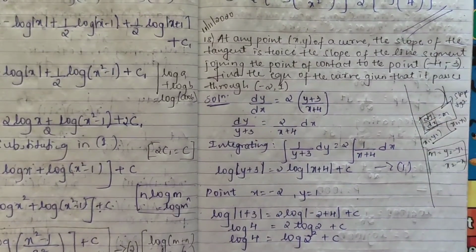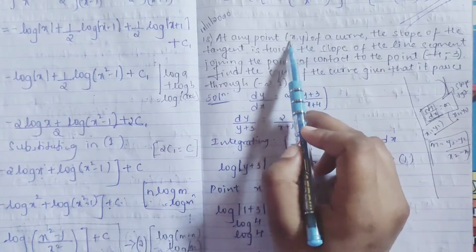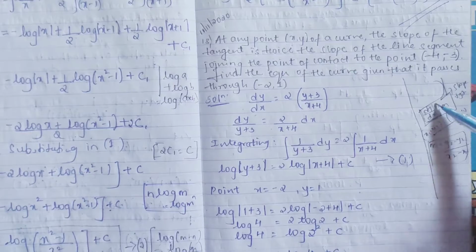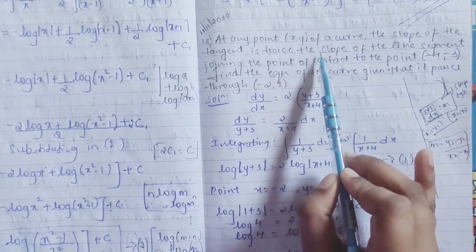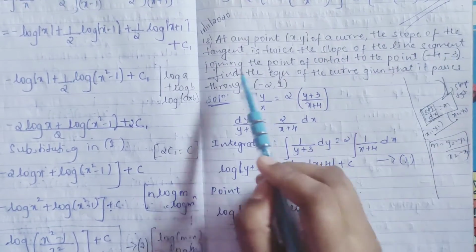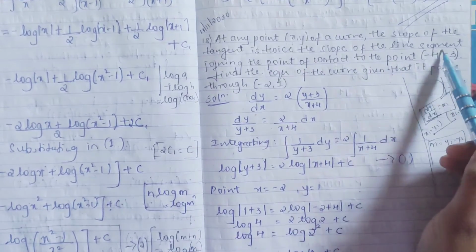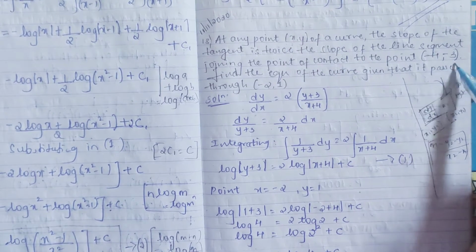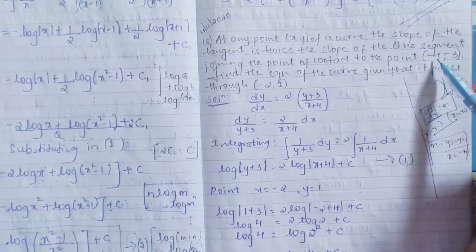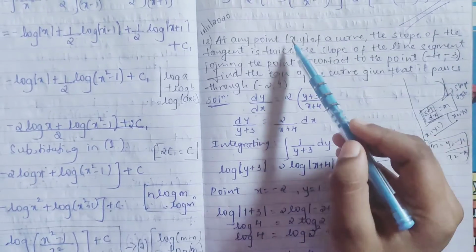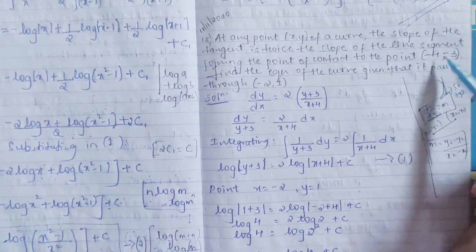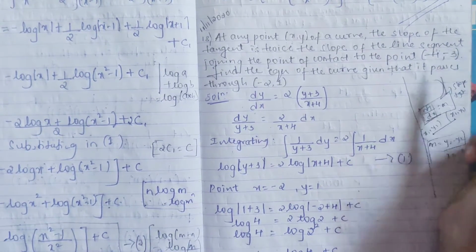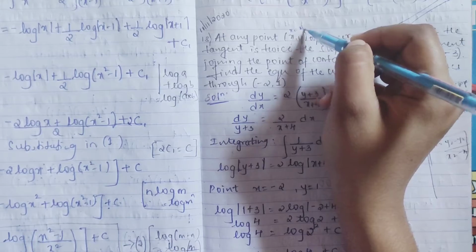So what they are telling: the slope of the tangent, dy by dx, is twice the slope of the line segment joining the point of contact to the point. Here we can take either order, x1 y1 and x2 y2. I have taken this as x1 y1 and this as x2 y2.